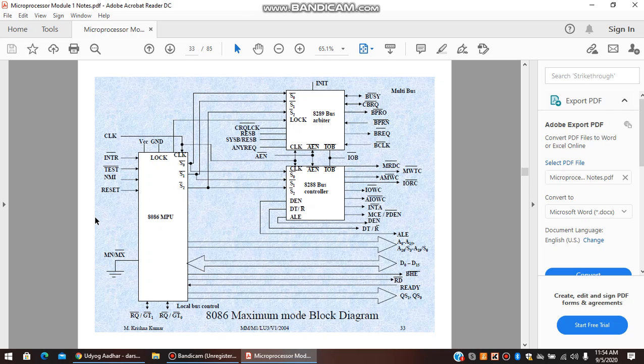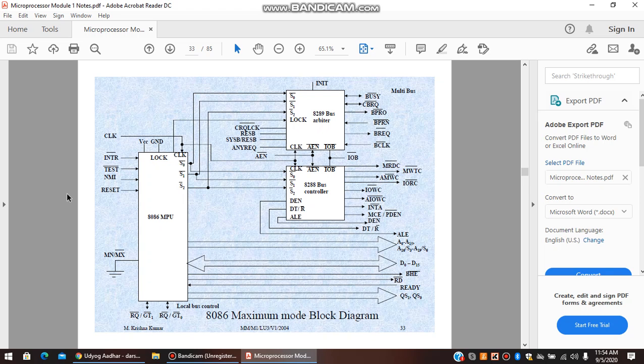However, RQ/GT has two priorities: RQ/GT1 has a higher priority as compared to RQ/GT0. Since they are bidirectional pins, a single pin can perform both tasks, HOLD as well as HLDA. So that is in conclusion the maximum mode interface.